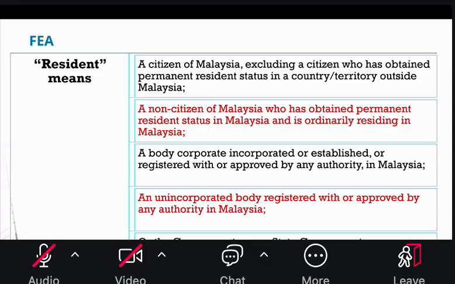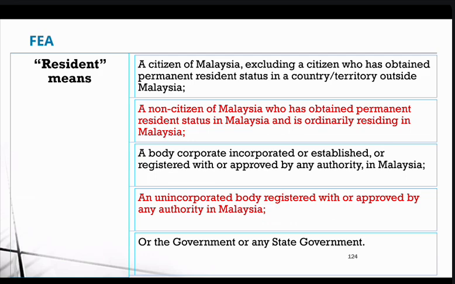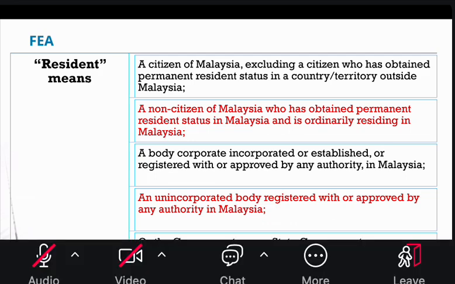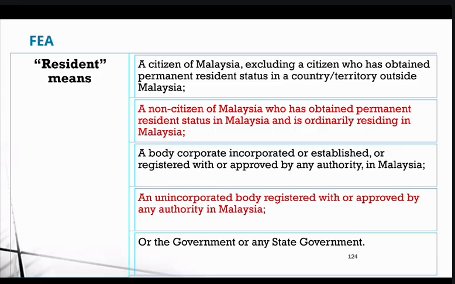Good. Everyone has a clear understanding here. So this one here is a resident. Because why? It is a non-Malaysian citizen but has PR status and residing in Malaysia. Very good.